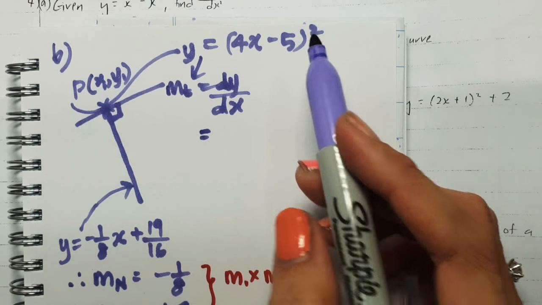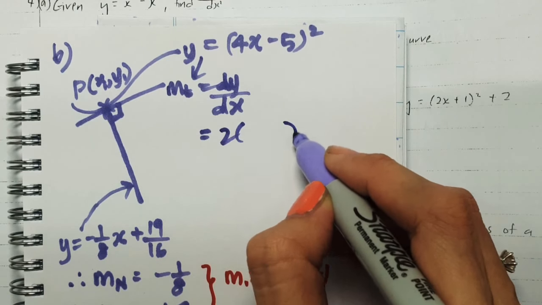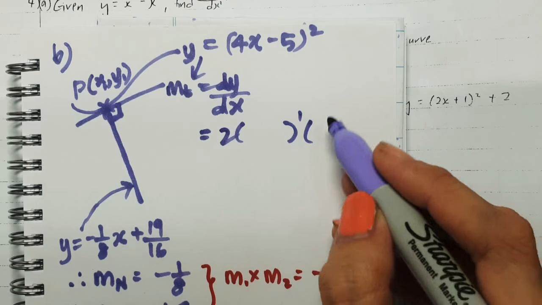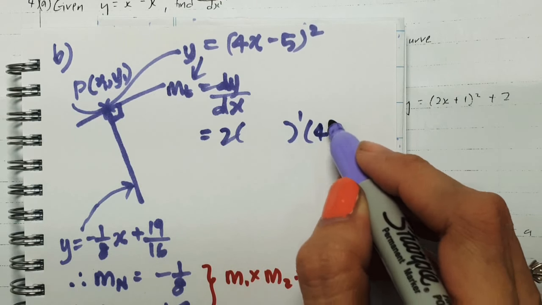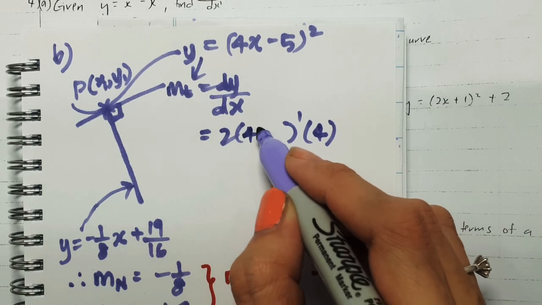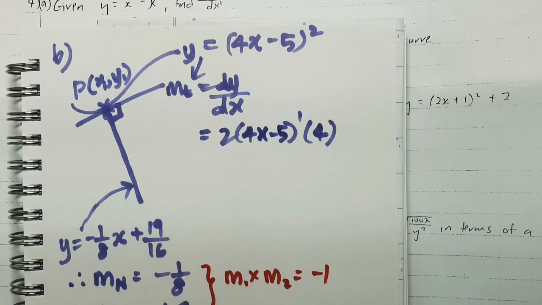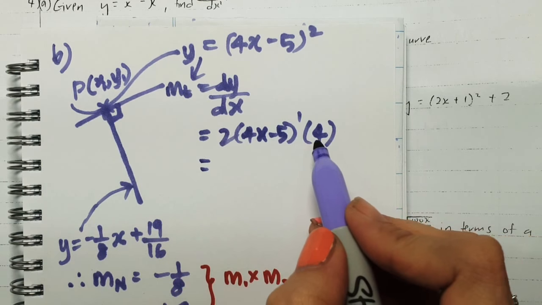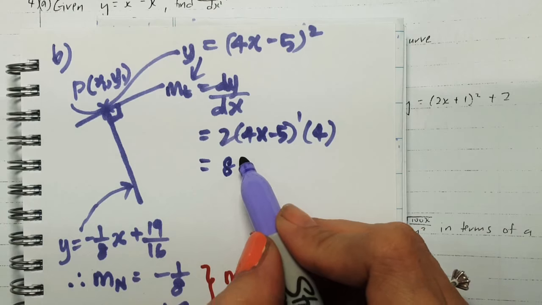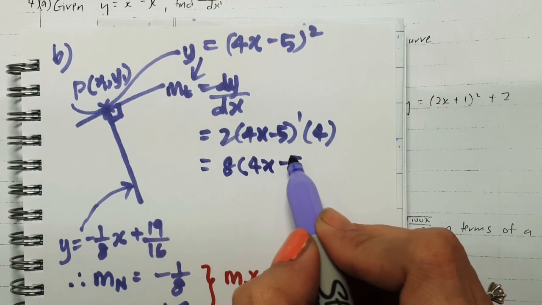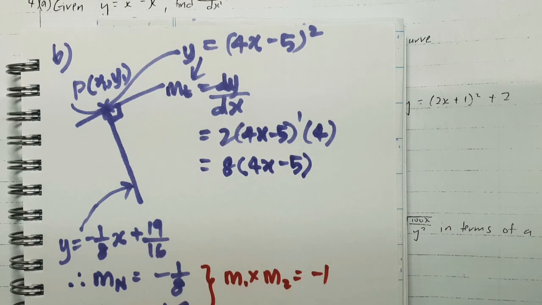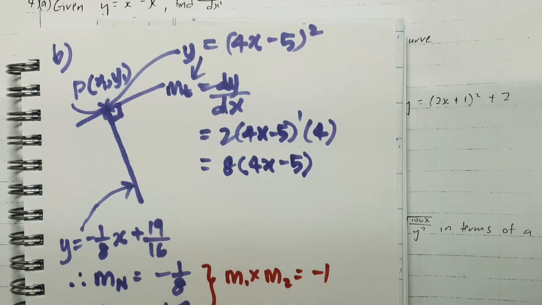This is the chain rule. Do the outside first, followed by the inside, which is 4 only. When we do the outside, the inside is untouched, so let's just copy it. We will have 8 times 4x minus 5. This is the function of the gradient of the tangent.